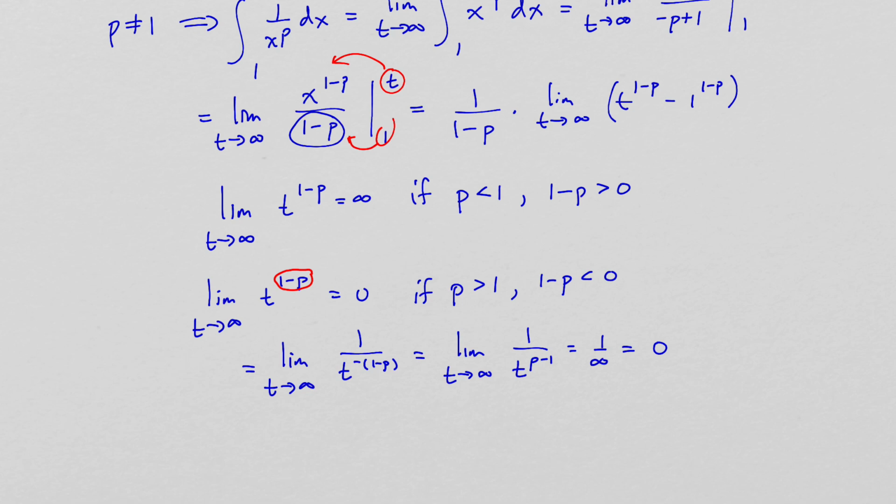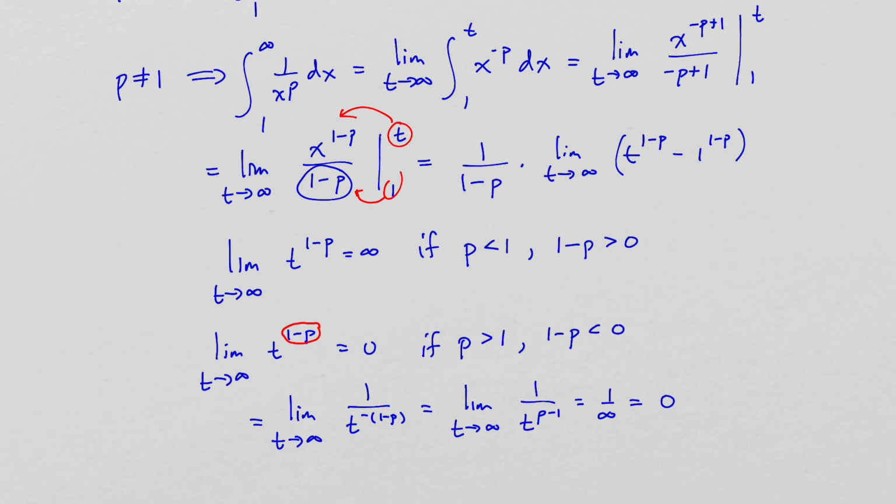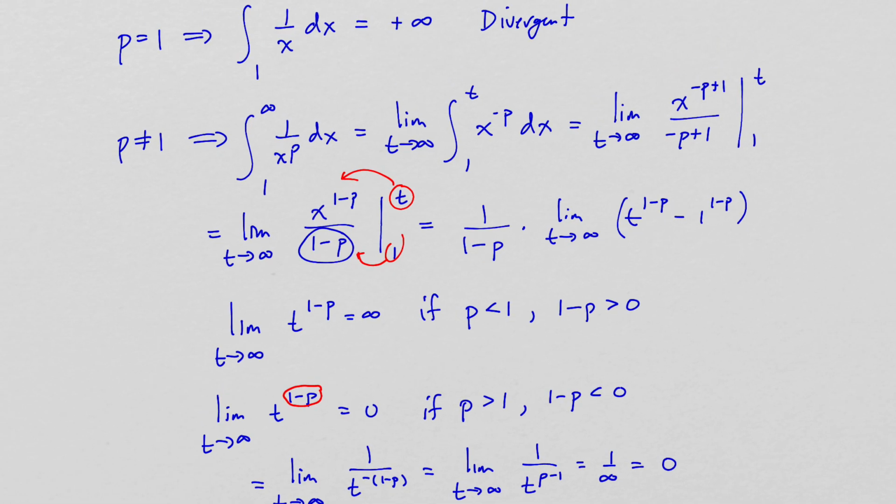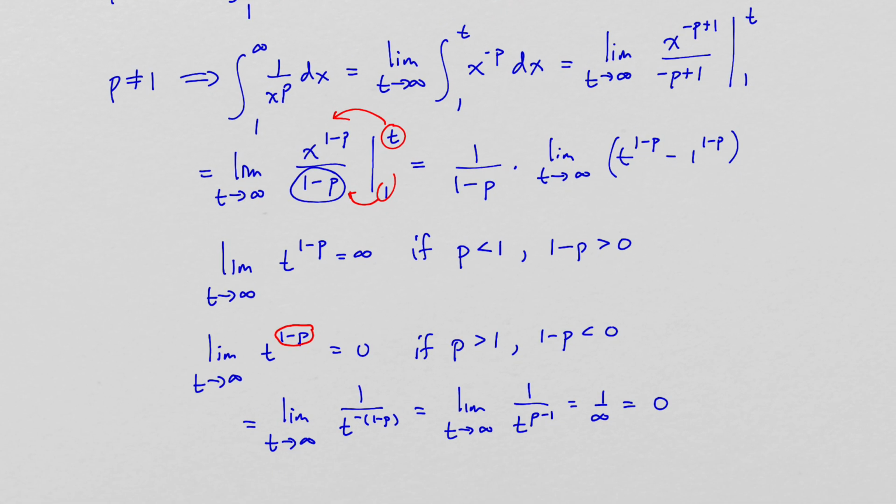So now let's summarize. We already know that if p is equal to 1, the integral is divergent. We figured out that if p is less than 1, the integral is also divergent because it's infinity. So the only values of p for which it converges is when p is bigger than 1.